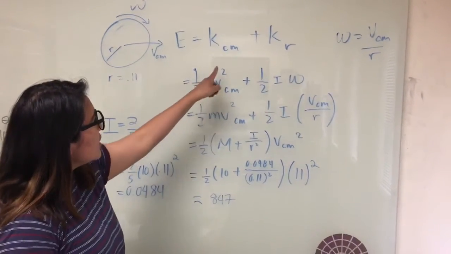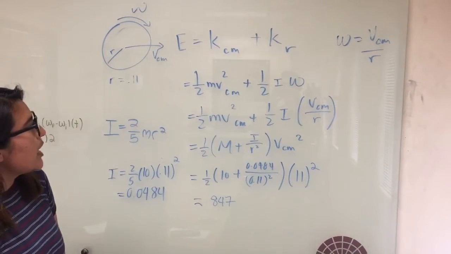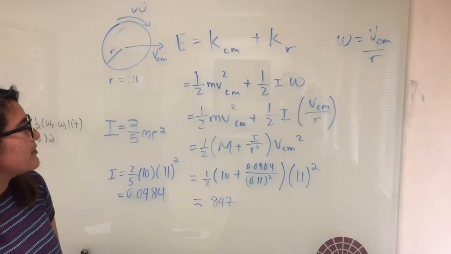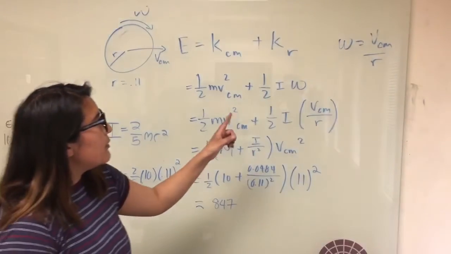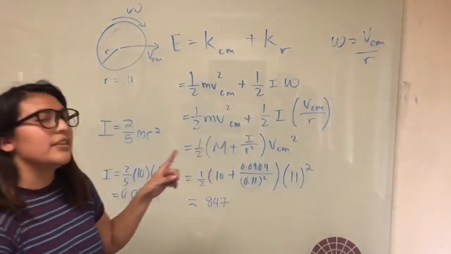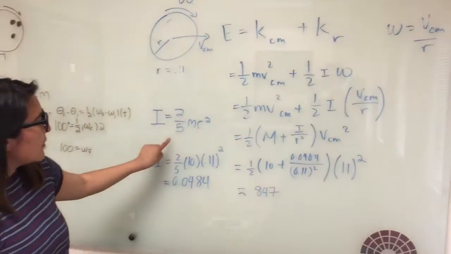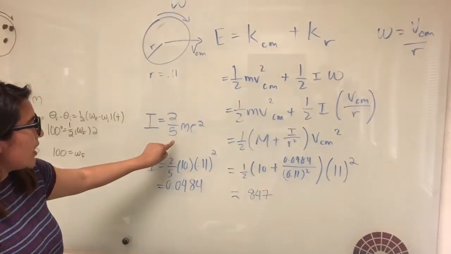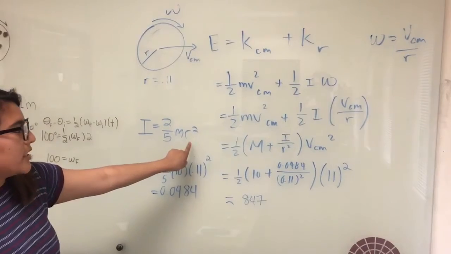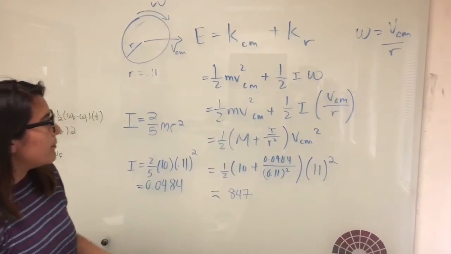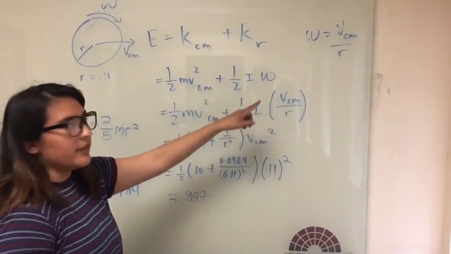The equation of the center mass is 1/2 times mass times velocity squared, and then the rotation of the energy. In order to find that, we need to find inertia, which the equation is 2/5 times mass times radius squared. And we need to find the angular velocity.